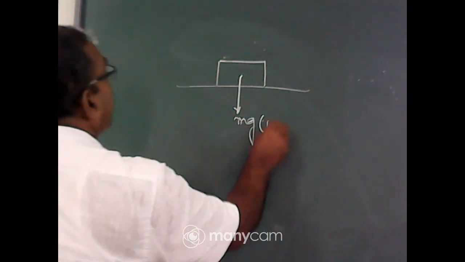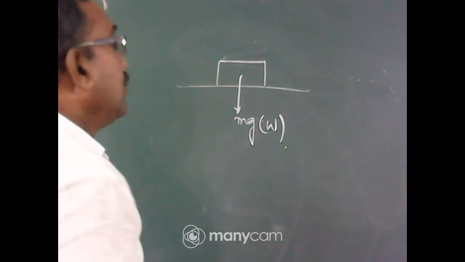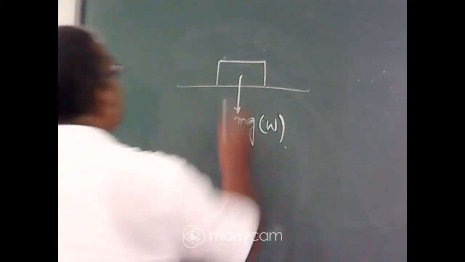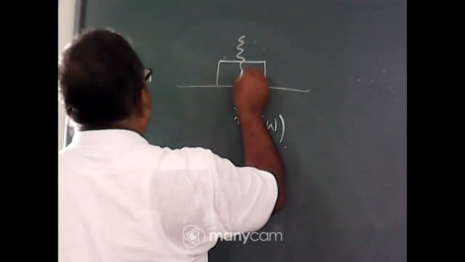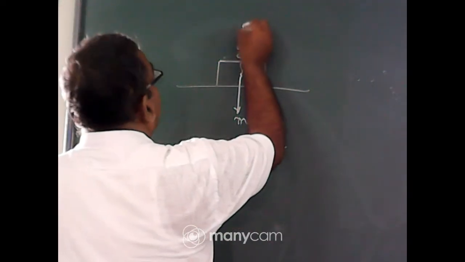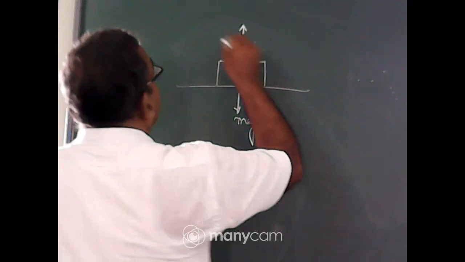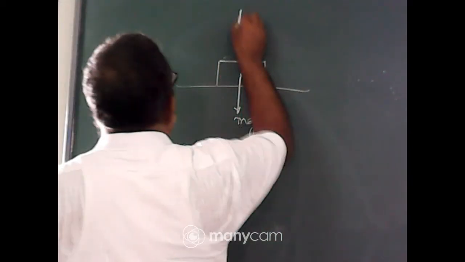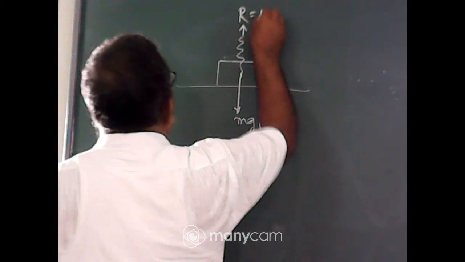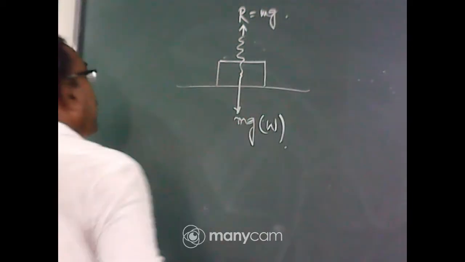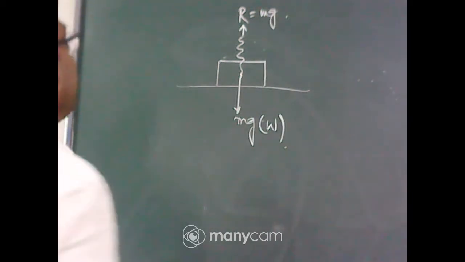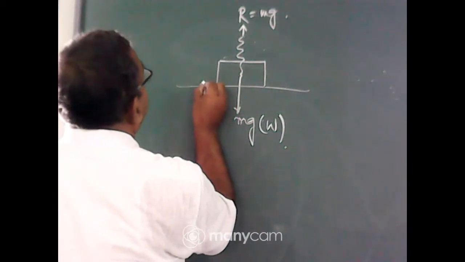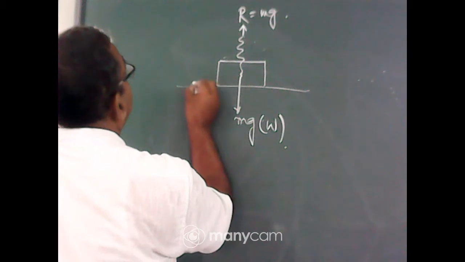Due to this weight of the object on the surface of the table, a reaction force acts in the opposite direction. The reaction force is equal to the weight of this object according to Newton's third law.